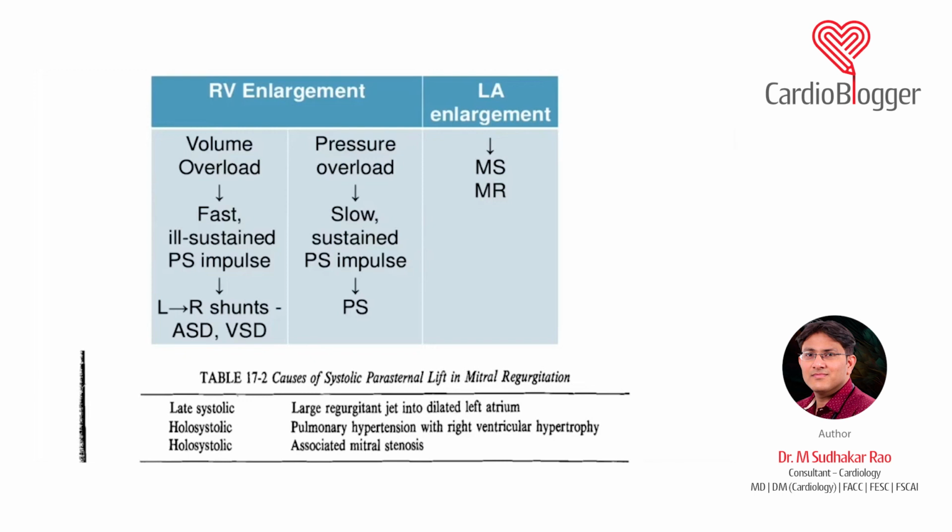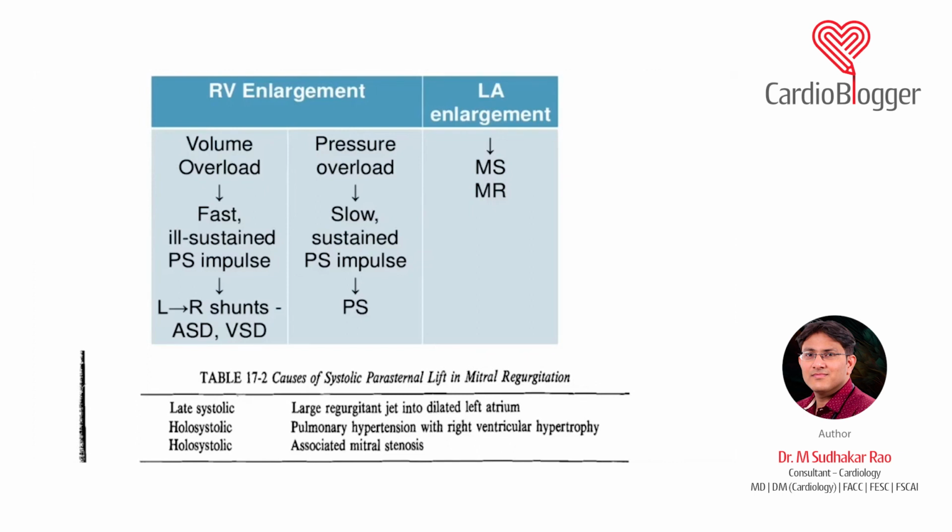The third important thing is that a heave is pan-systolic, whereas a lift is late systolic, because it is in the later part of systole that the LA is filling. So these are the three important differences between a lift and a heave.